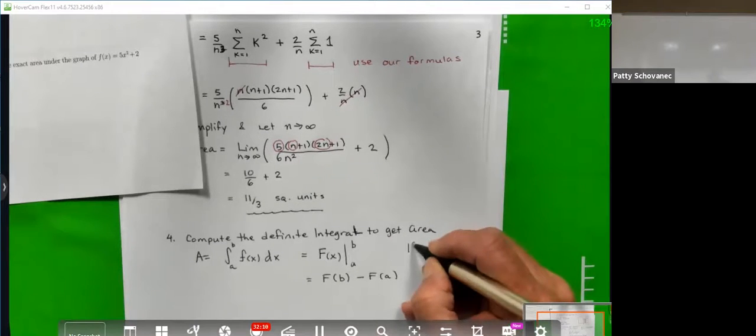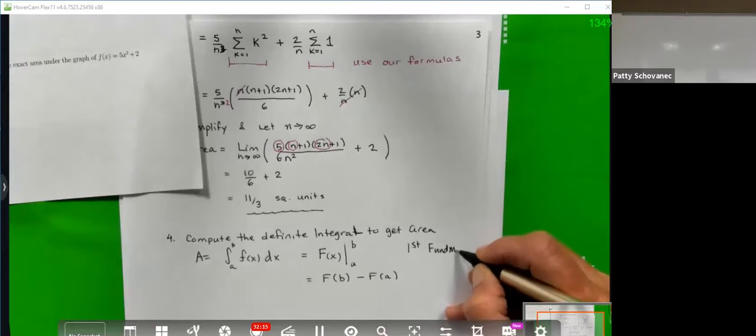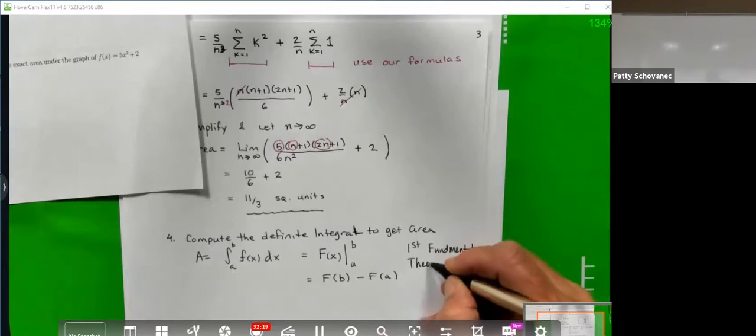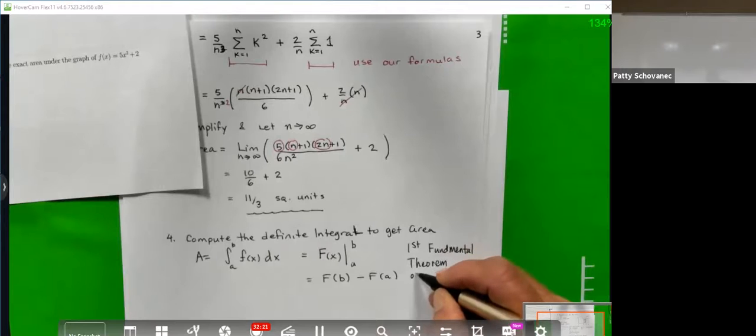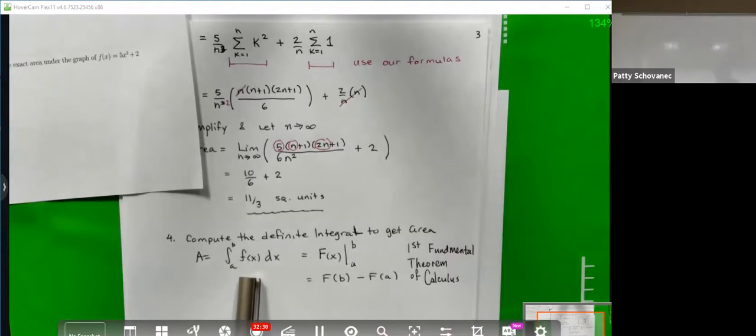That was the first fundamental theorem of calculus. So we're going to put our 5x squared plus 2 here, and our 0 and 1 there.